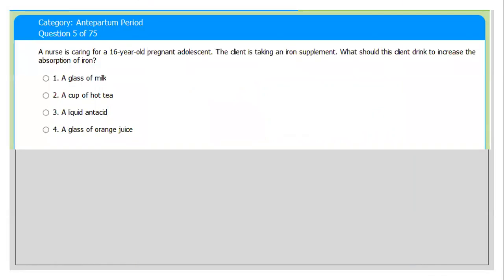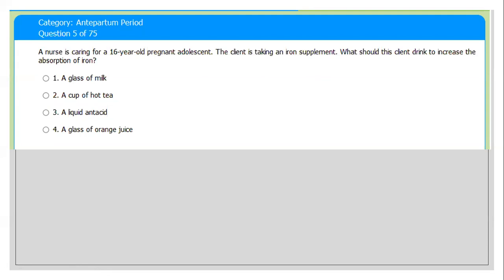Next question here. A nurse is caring for a 16-year-old pregnant adolescent. The client is taking an iron supplement. What should this client drink to increase the absorption of iron?